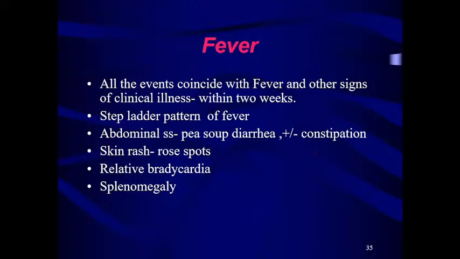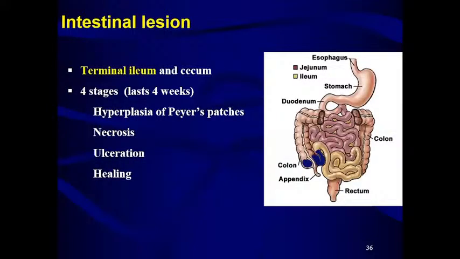So these are the cardinal clinical features of enteric or typhoid fever. The primary pathology is at the intestine. We have already established that the terminal ileum, or the ileum, is where we have the slow flow.